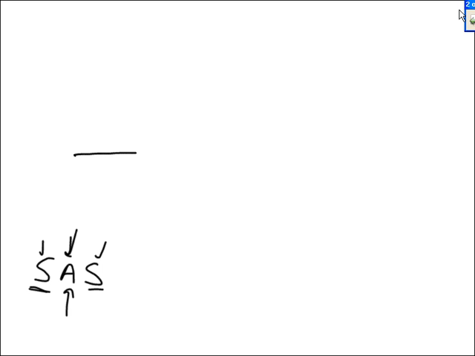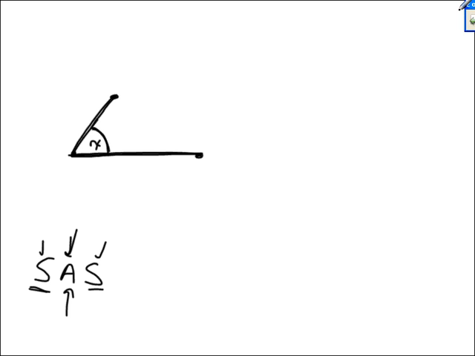So maybe this side is that long, and we have the angle x, and the second side is exactly this long. This is how long one side is, this is how long the other side is, and that's the angle.